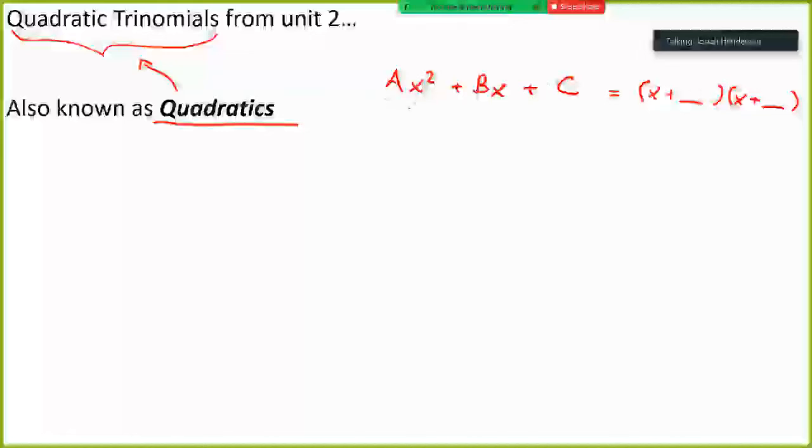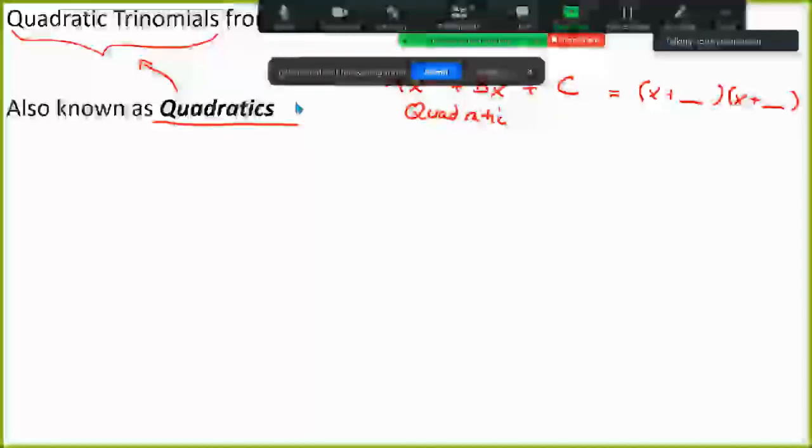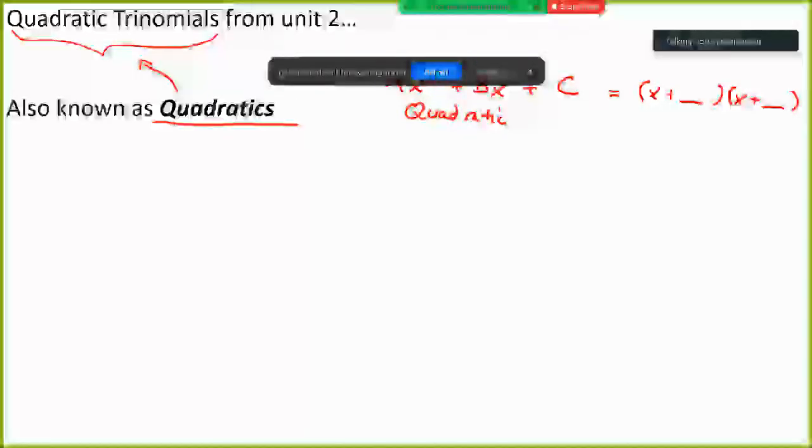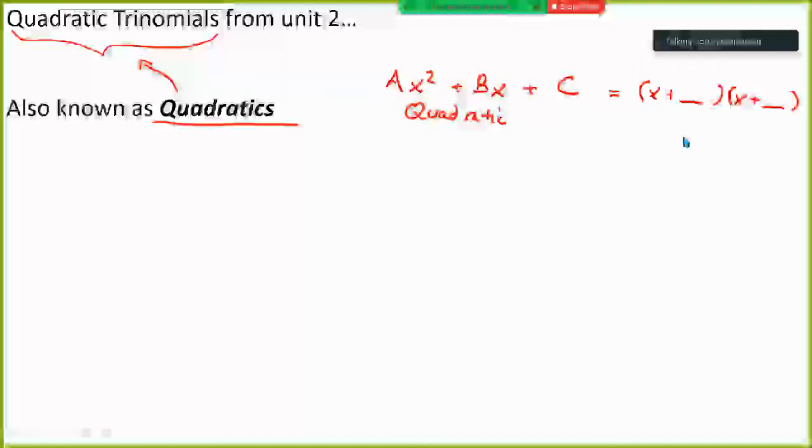Well, these are basically called a quadratic. And I just want you to be ready if I slip up and just call it a quadratic, or definitely our curriculum will refer to them as quadratics. And what do they mean when you read that or see that? It just means the polynomials that we've been working with.